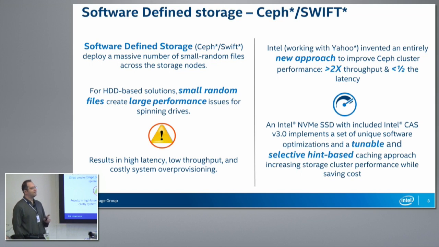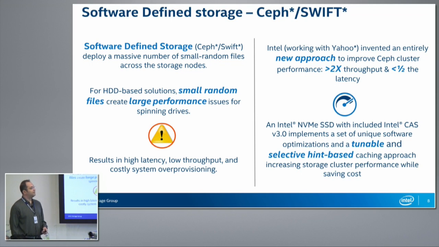But if you have a lot of small files distributed randomly across your storage, for hard drive-based solutions, small files create large problems. So for spinning drives, this is going to result in high latency, low throughput, and a high amount of over-provisioning needed in order to meet the throughput that you want to deliver to your customers.